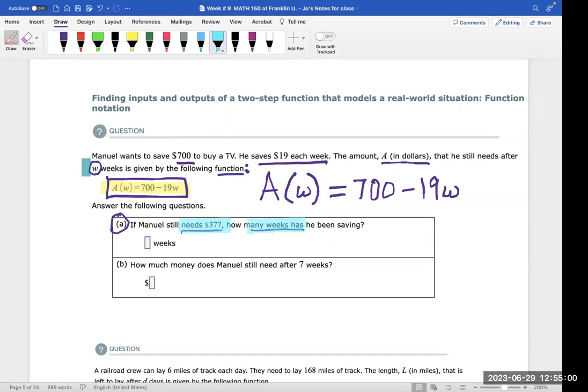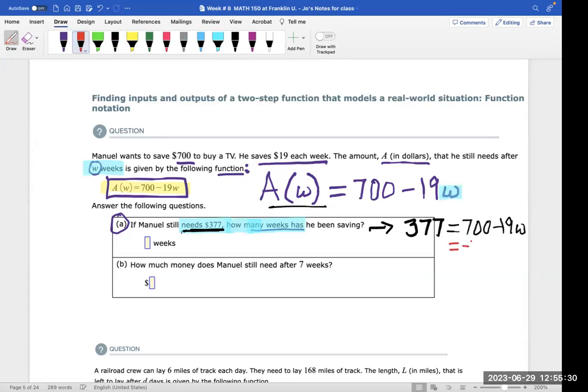They tell us that W is the number of weeks that have passed. We're asked to find how many weeks, so we don't know the W. That's what we're looking for. So if he still needs 377, to answer part A, you write 377 equals 700 minus 19W and then solve.